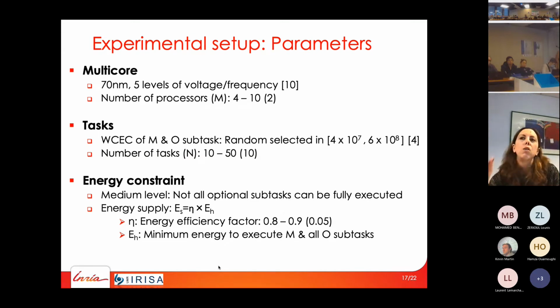We took random values based on the range that you see in the slide, which is given by this citation. An analysis was performed in that work, if I remember well, with MiBench and MediaBench benchmarks. They gave these ranges as execution cycles, so we randomly selected from there. Okay, so it's really random.